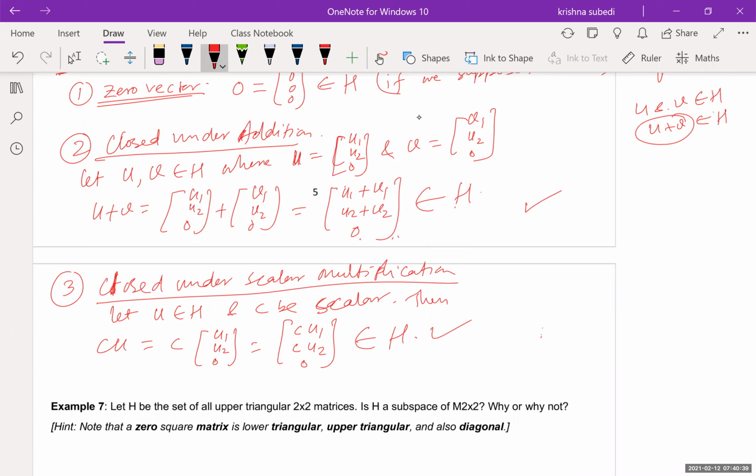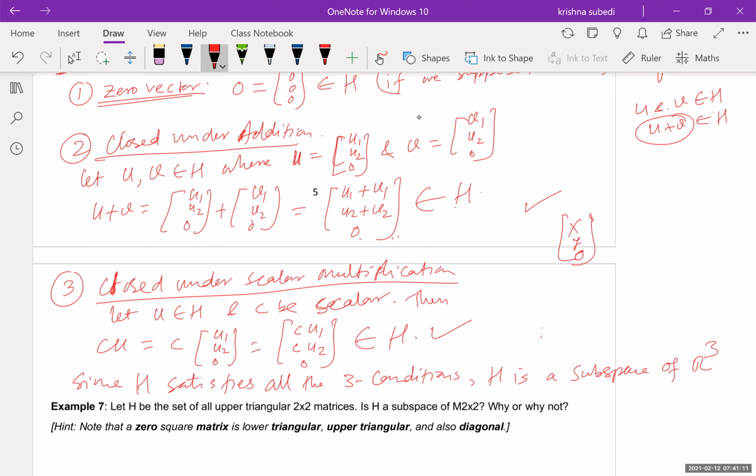So since H satisfies all the three conditions, H is a subspace of R3, because whatever object we consider, x, y, 0, actually belongs to R3.